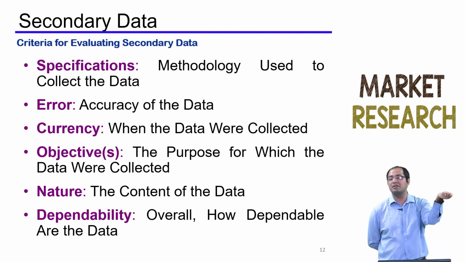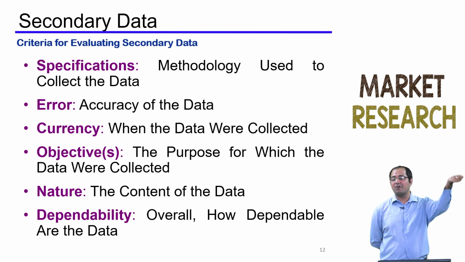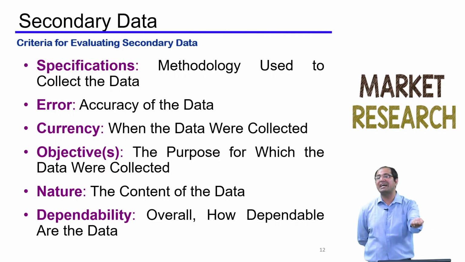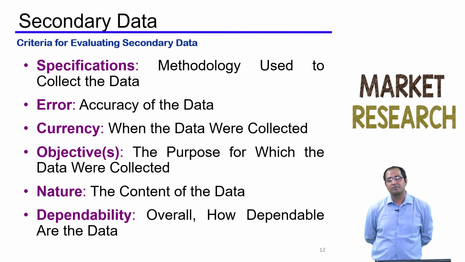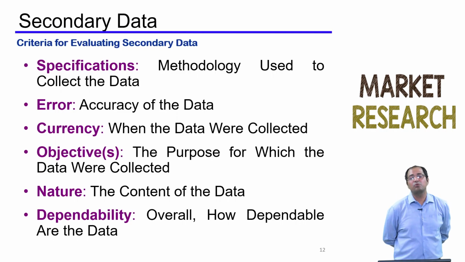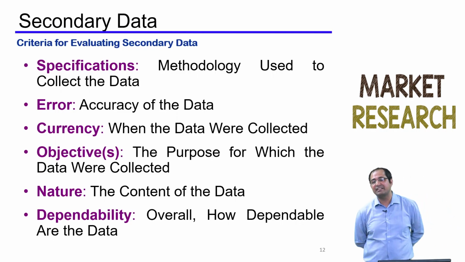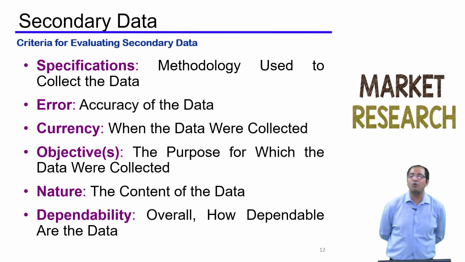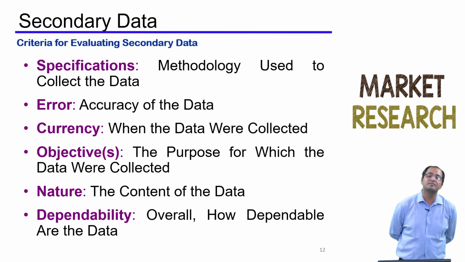Is it a credible company or agency or research firm that is giving you that particular data? That would be one of the ideas regarding the dependability of secondary data. Then if the method is clearly given, that is another way of seeing how dependable the secondary data is.